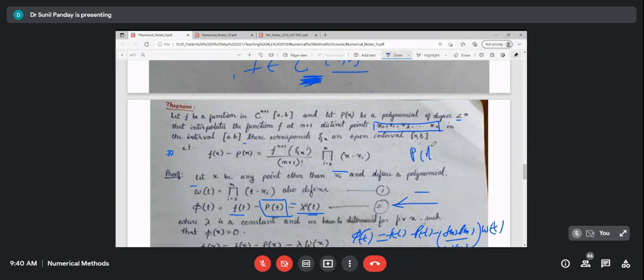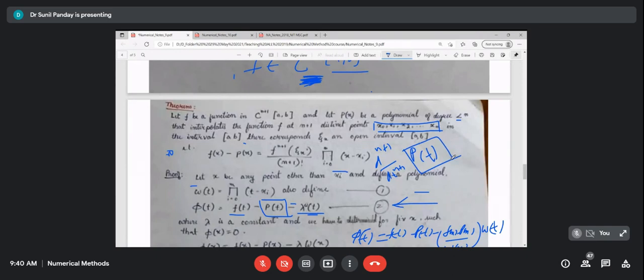P(x) cannot have more than degree n. So p(t) is also a degree n polynomial in t variable in place of x. And if you differentiate a degree n polynomial n plus 1 times, you know that it should be 0, because n times it is constant and n plus 1 times it is 0.